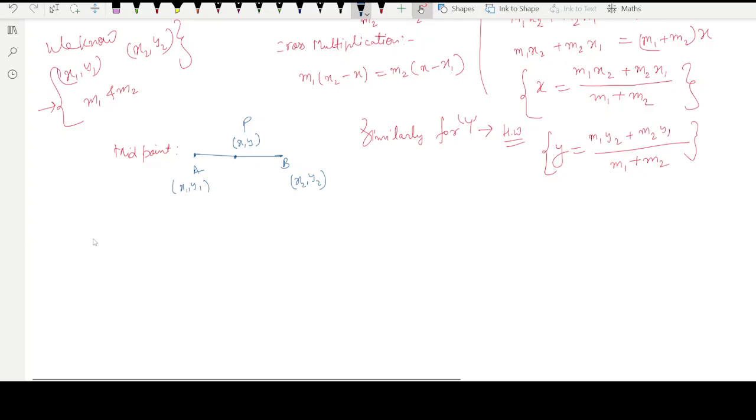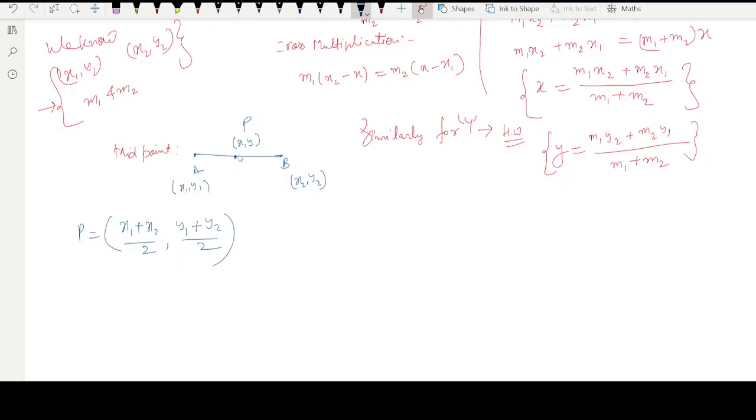We know P is ((x1 plus x2) by 2, (y1 plus y2) by 2). But how?